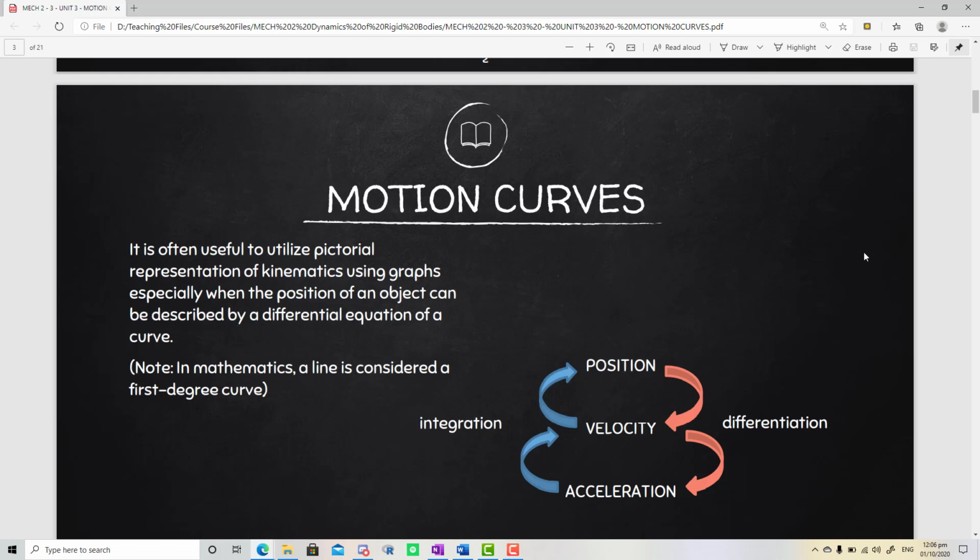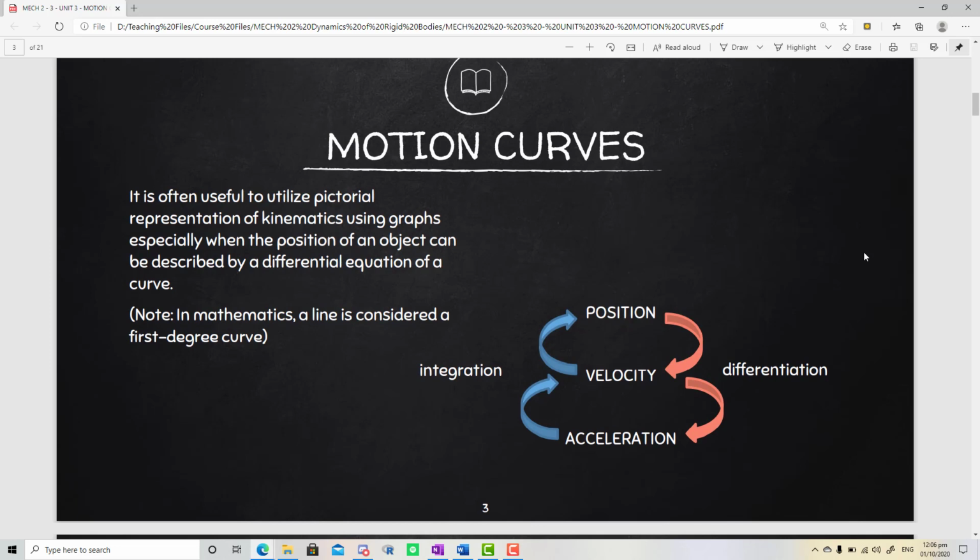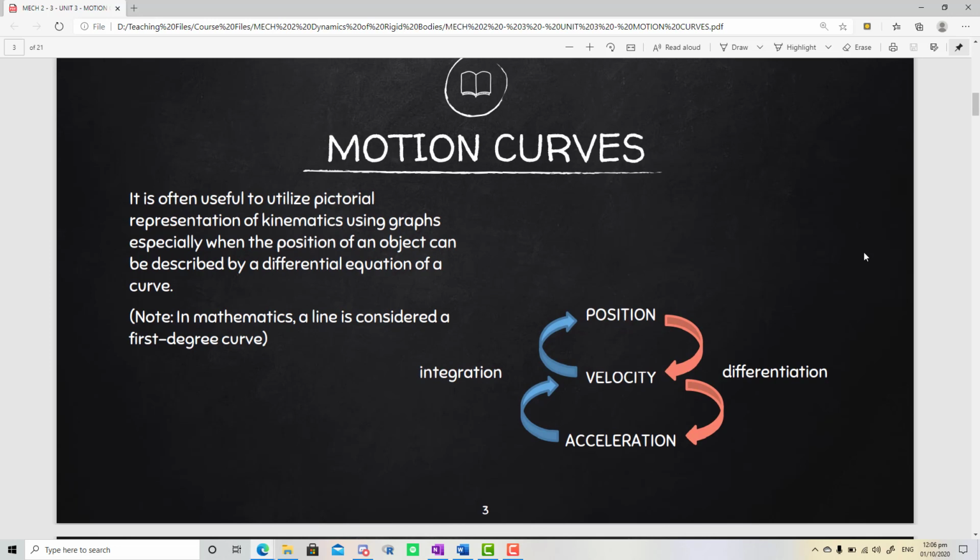First degree when our line is slanting. When it has no slope, it is 0 degree.